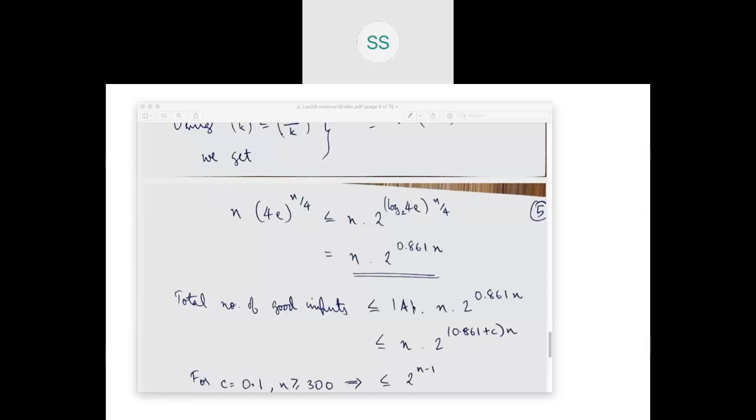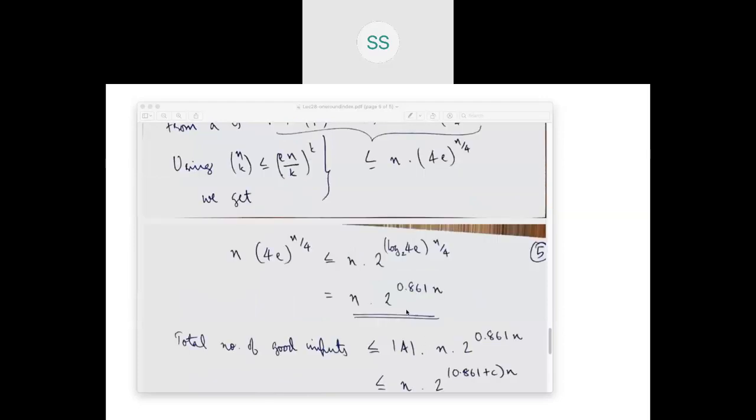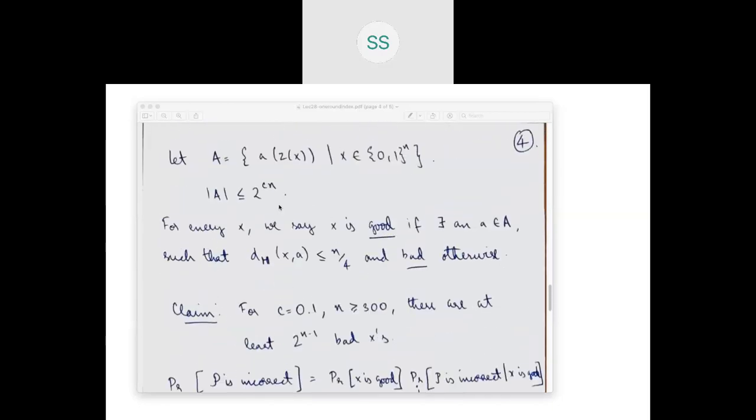But anyway, we know the worst case is that all of them are disjoint, and the total number of good inputs is given by the size of A, and for each element of A there are this many x's that are made good, so times this. And I can write the size of A is upper bounded by 2 power cn, right?